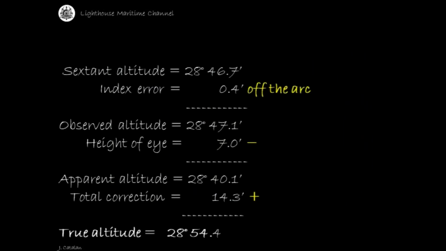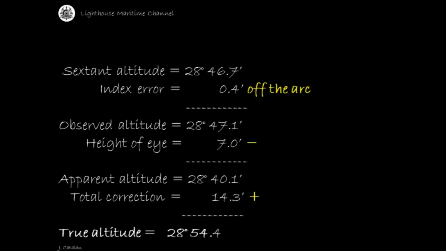Sextant altitude is equal to 28 degrees 46.7 minutes. Added by the index error, which is equal to 0.4 minutes, off the arc. The result is the observed altitude, which is equal to 28 degrees 47.1 minutes, subtracted by the height of eye, which is equal to 7.0 minutes.